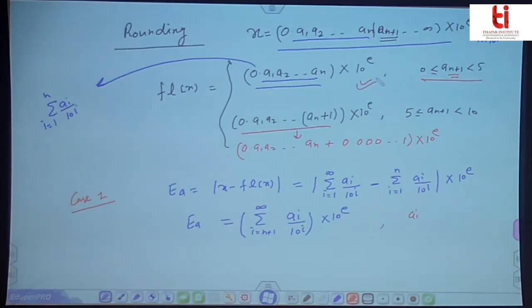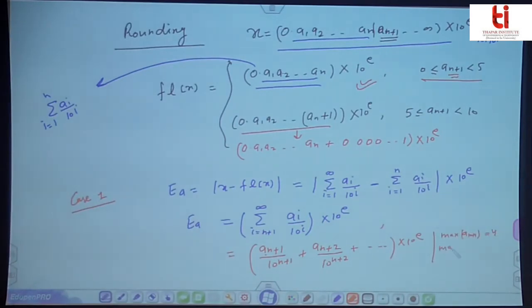So just keep in mind what the maximum value of a(n+1) is, because this series is: a(n+1) upon 10 raised to power n plus 1, plus a(n+2) upon 10 raised to power n plus 2, and so on, into 10 raised to power e. So there is a restriction for a(n+1) that it is less than 5. So find out the maximum of a(n+1). It is what? That is 4.